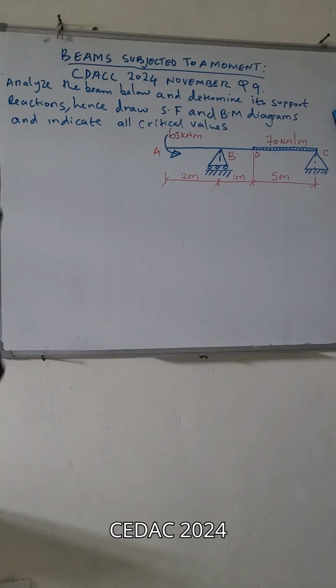That is Cdacc 2024 November, question number 9. The question reads, analyze the beam and determine its support reactions. Hence draw shear force and bending moment diagrams and indicate all critical values.